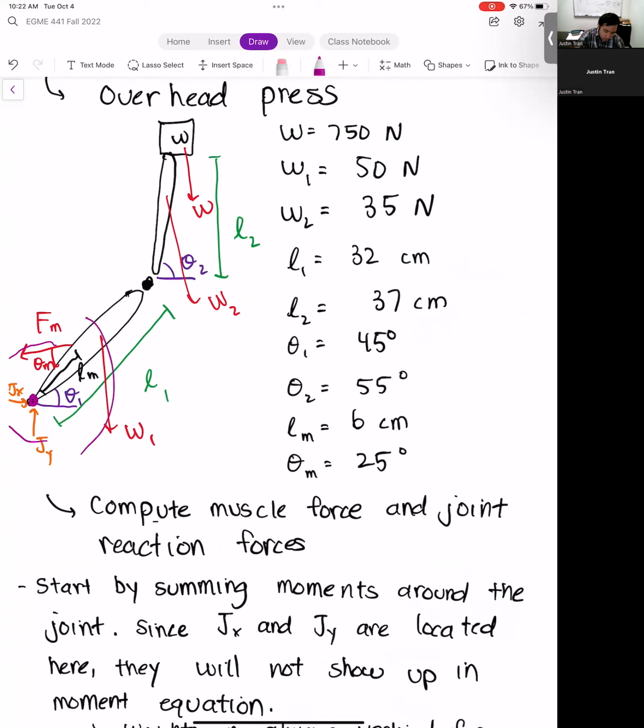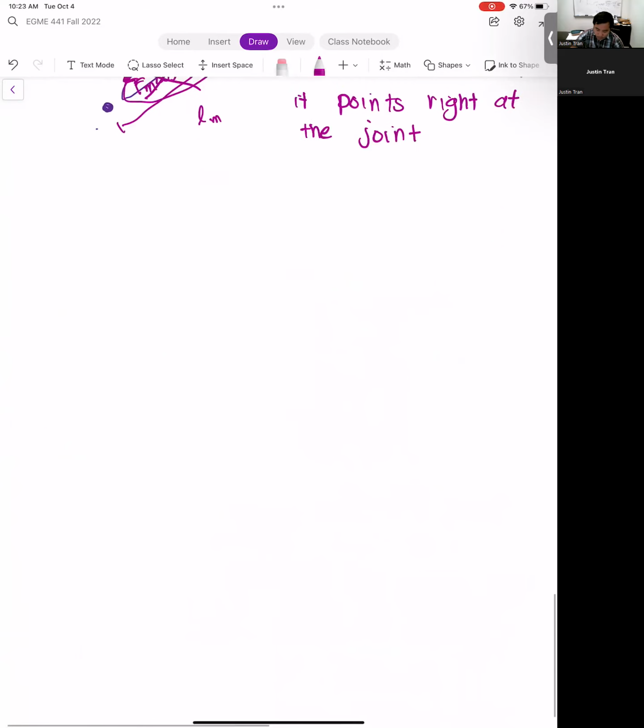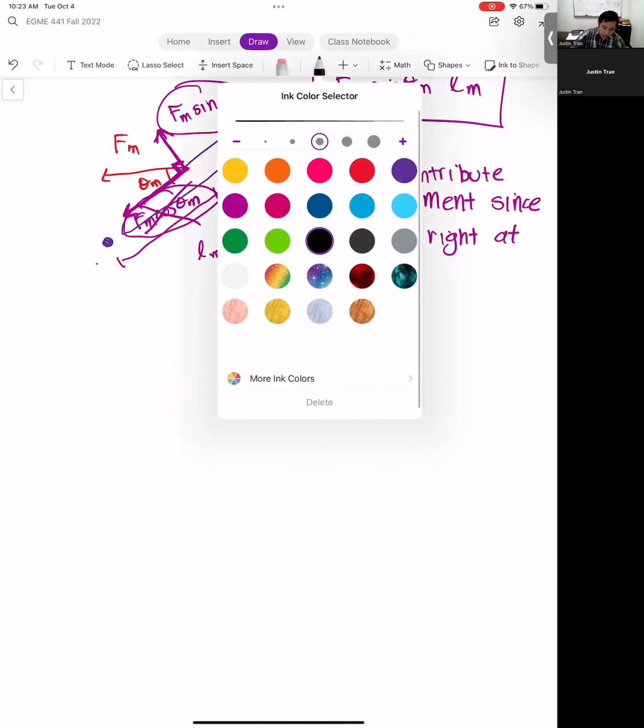Meanwhile, all the weights, if we follow them around, because they're taking place on the right side of the joint and they're pointing downwards, are going to be a clockwise moment. Okay. All right.